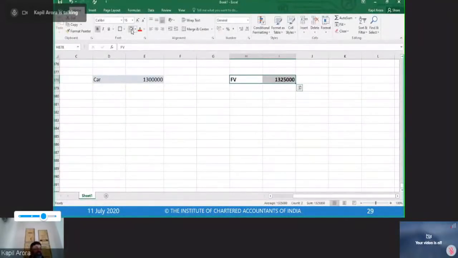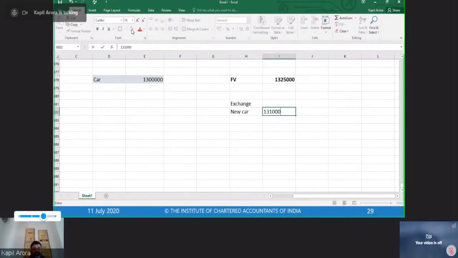So I am exchanging this car with a new car which is having the value of 13 lakh 10,000 and cash of 15,000.